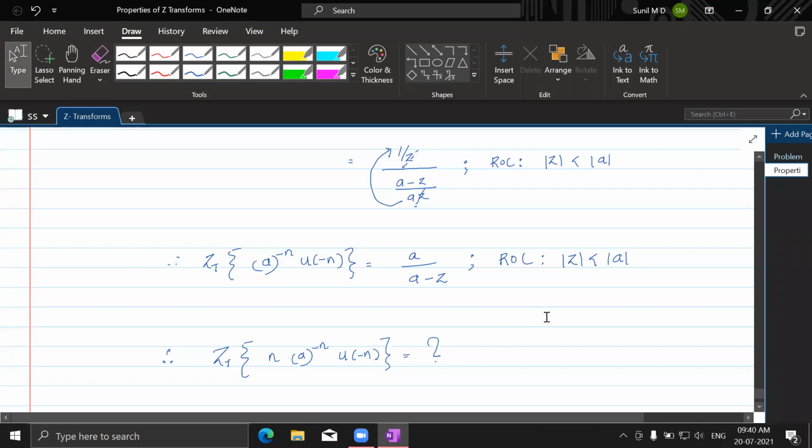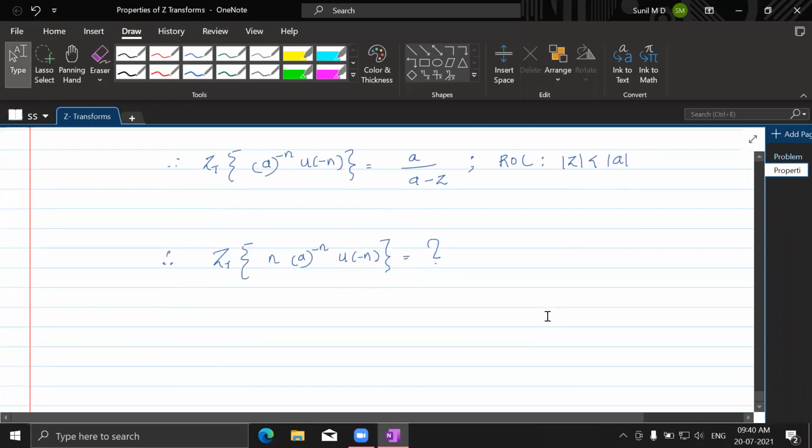Which property would you use here? Anybody? If you multiply n to a signal, by differentiation in time domain property.